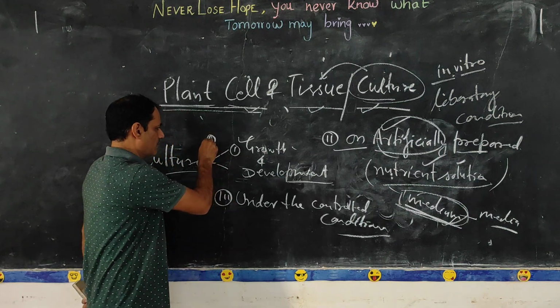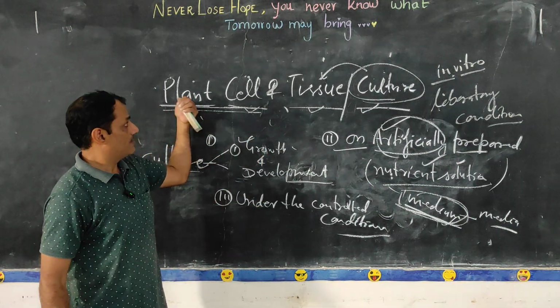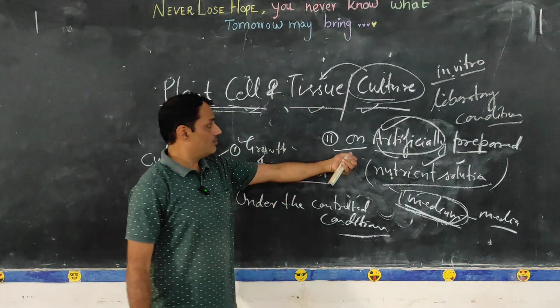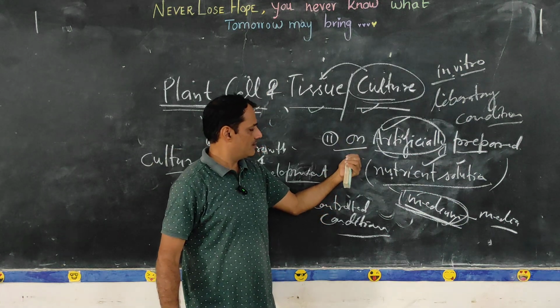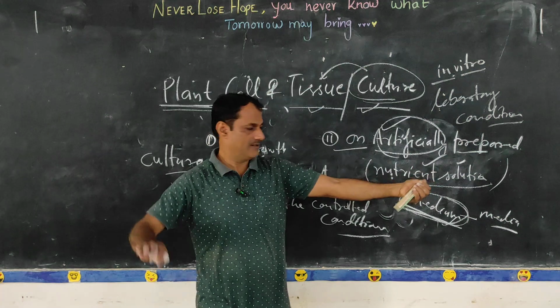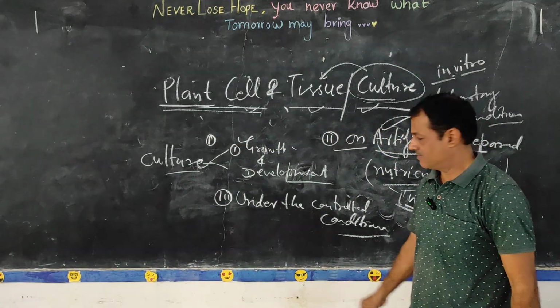So point number 1 to define culture is growth and development of what? Plant cell and tissues. On, sometimes under also, artificially prepared nutrient solution, that is called medium. Where?